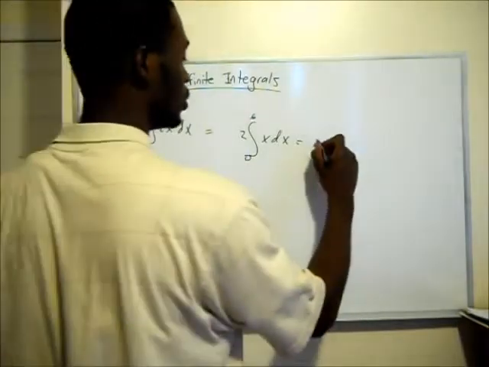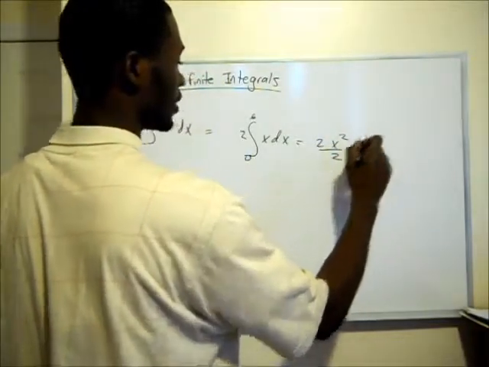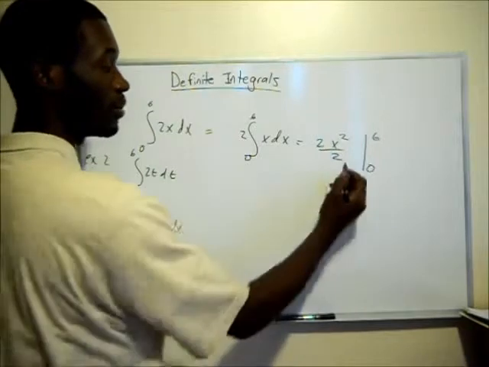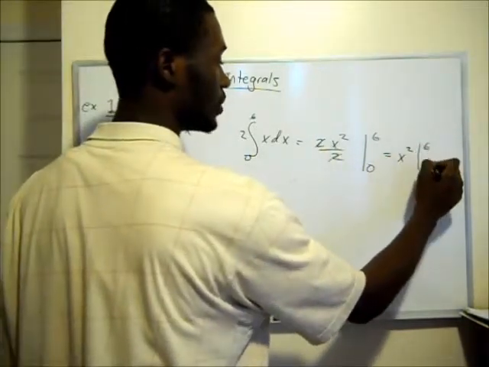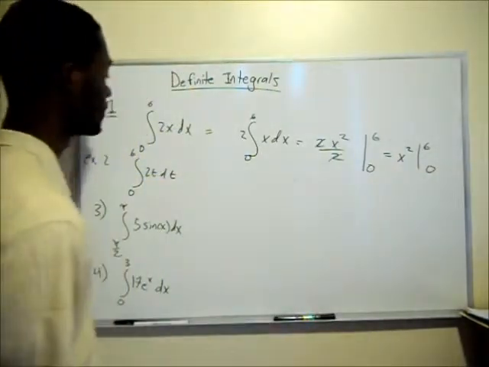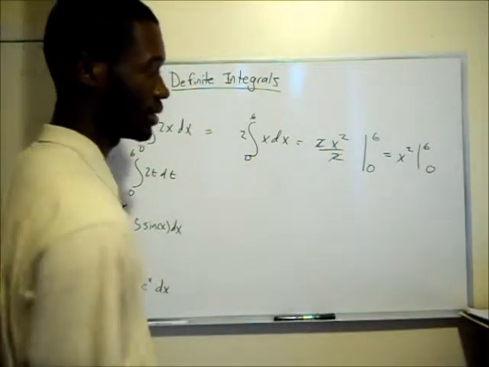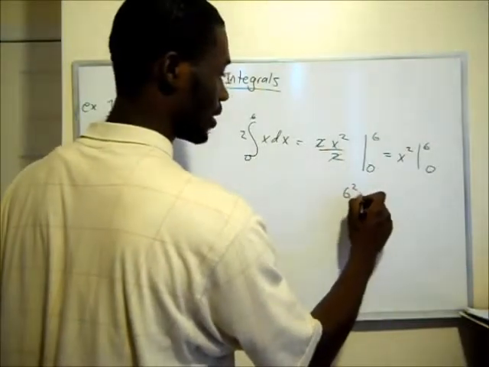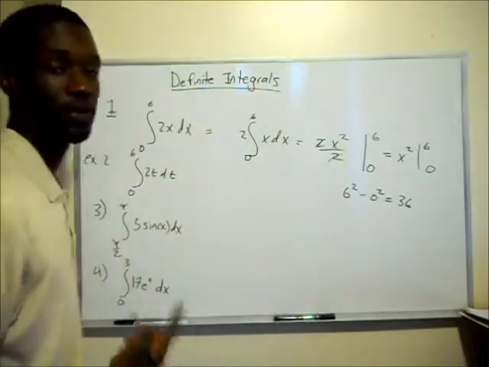And so this is going to be 2 times x squared over 2, evaluated from 0 to 6, so I need to keep that. Now I can simplify these two, so this is just going to be x squared evaluated from 0 to 6. Okay? And so what I get is 6 squared minus 0 squared, which equals 36. So that's my answer for that problem.